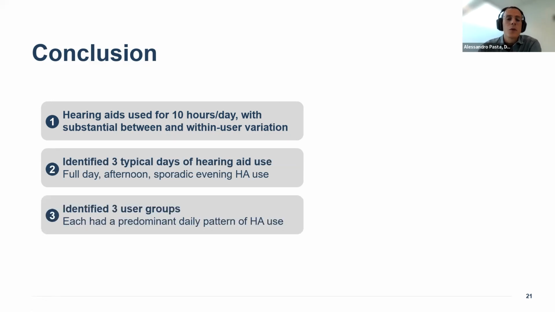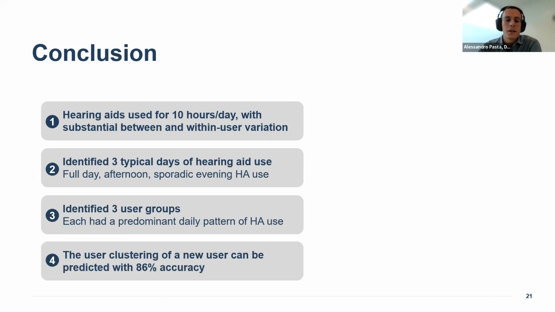We then used that information to cluster users based on their hourly use patterns. And we found 3 user groups, each having a predominant daily pattern of hearing aid use. Finally, we validated our user grouping, and we trained a model that was able to predict the user group label of a new user with 86% accuracy.